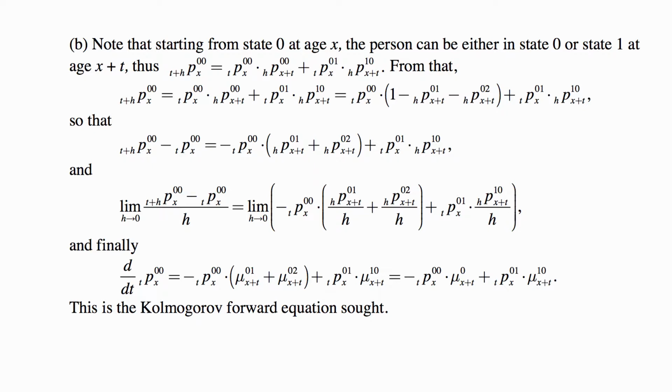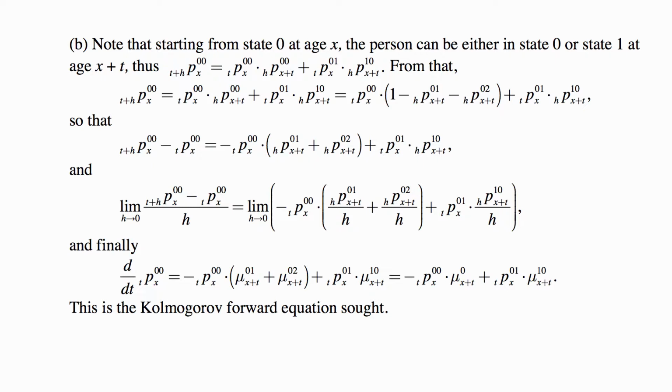So if we're looking for the probability that life x starts out in state 0 and is in state 0 at time t plus h, that person can only either be in state 0 and then in state 0, or go from state 0 to state 1 and then back to state 0.